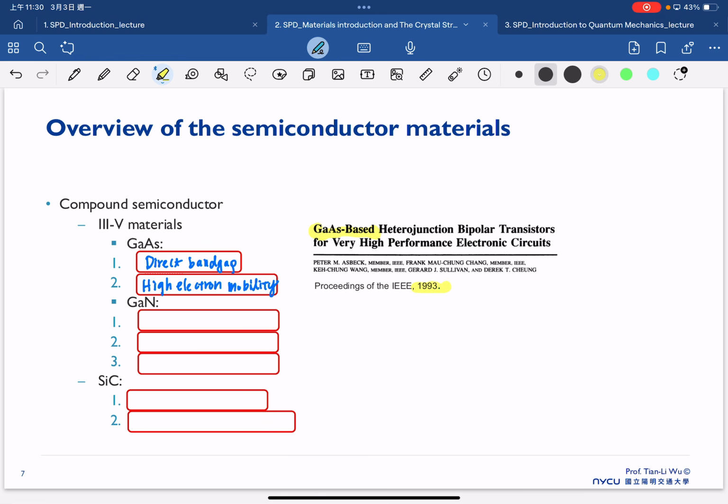And one thing I want to particularly point out is that if you look at the co-authors of this paper, there is one name you might have heard, especially once you join NYCU. He is our ex-president, so he is no longer at NYCU. He's back at UCLA.